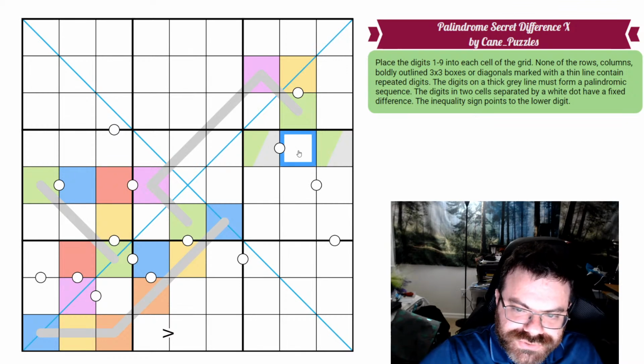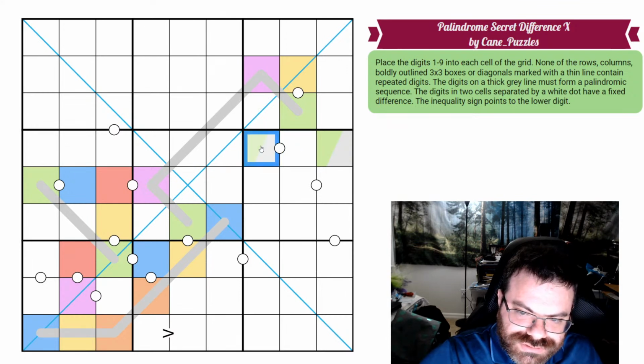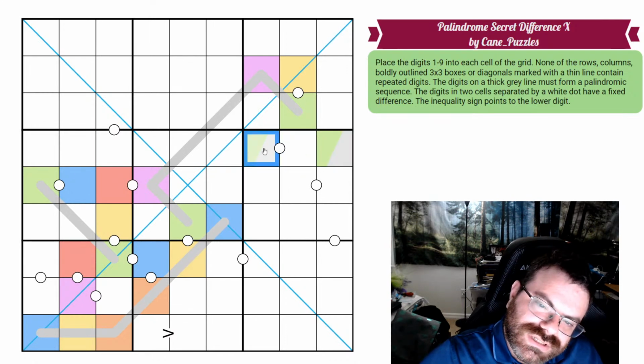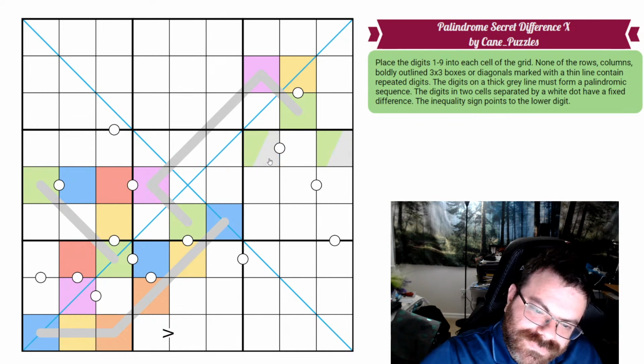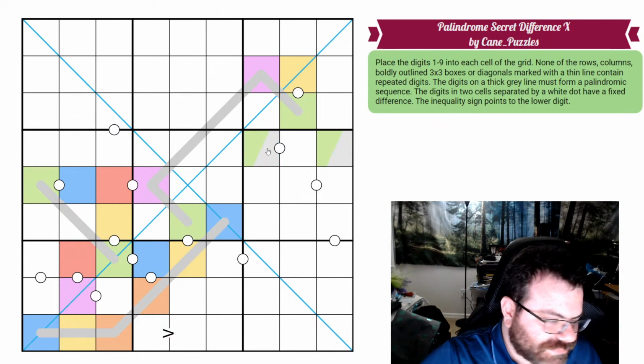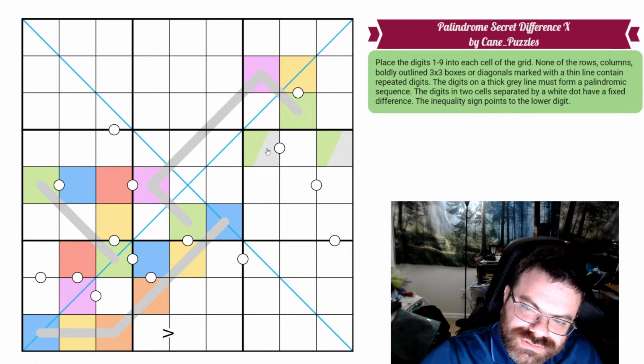If this were blue, this would be green or orange. If this were blue, this would be green. That wouldn't work. So this can't be blue. So blue's one of these two? I thought this one couldn't be blue for some reason, though. I think it can. Yeah, blue's not here. So blue's on the dot with green or orange.